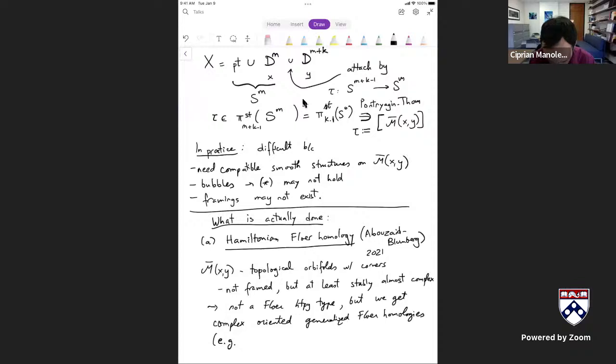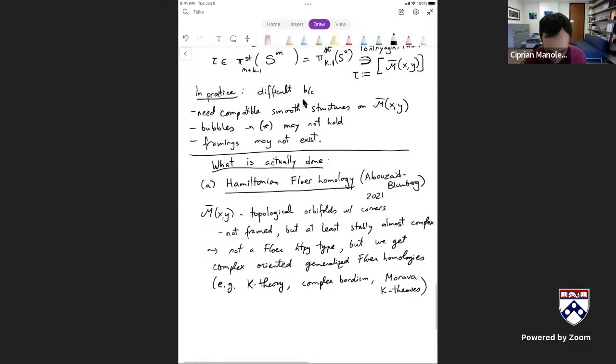They're the ones that are module spectra over the spectrum MU. So the things you can get are things like K theory, but not KO theory, complex bordism, and more importantly for their application, I'll get to that later, what are called Morava K theories. So you can get more information, but you cannot get stable homotopy groups or KO theory.